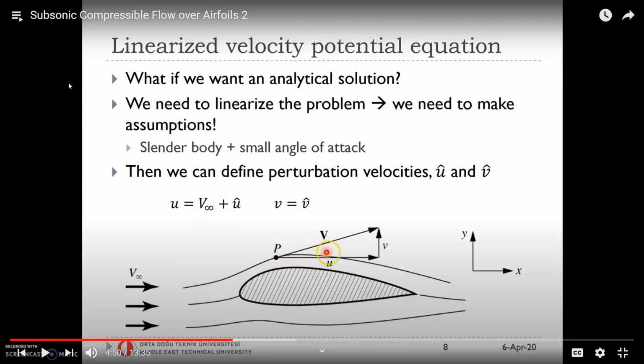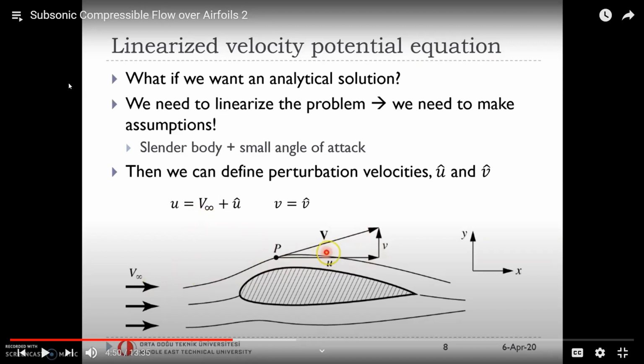If you would like to obtain an analytical solution, we need to have a linearized version of that equation. And in differential mathematics, one way of linearizing equations is using the methodology of small perturbations.